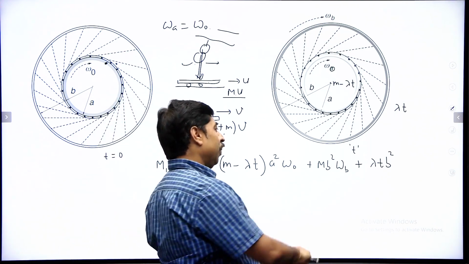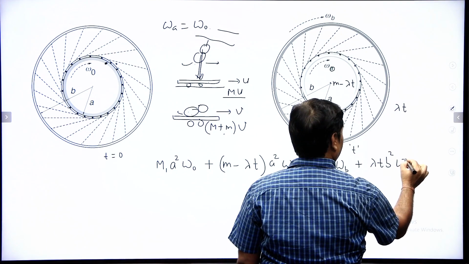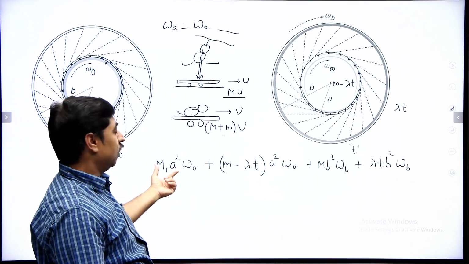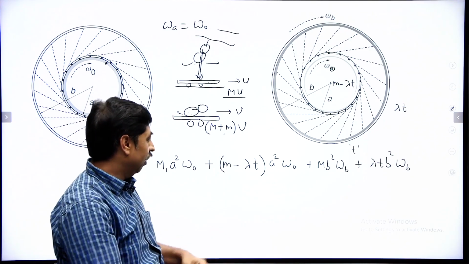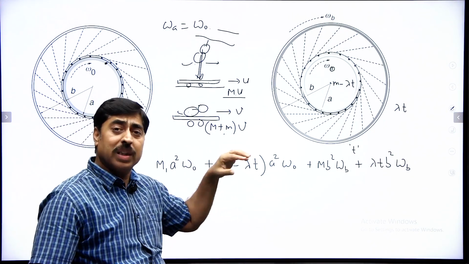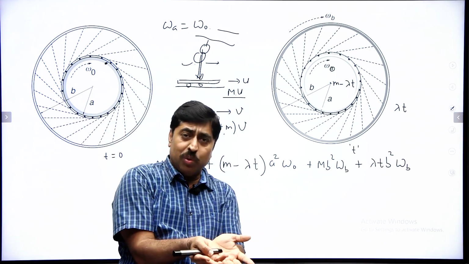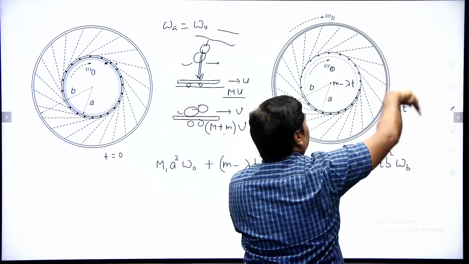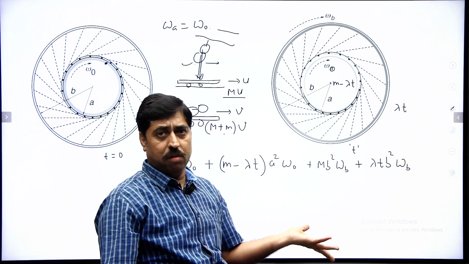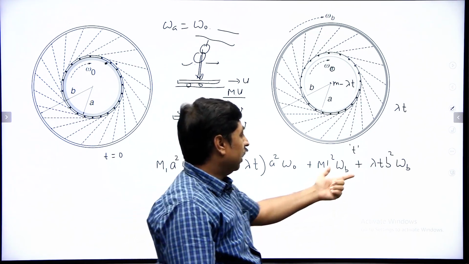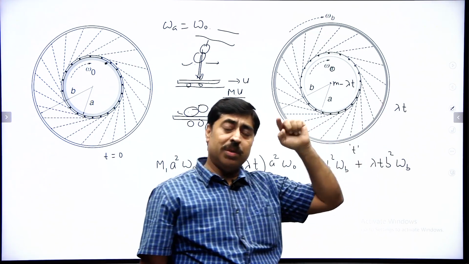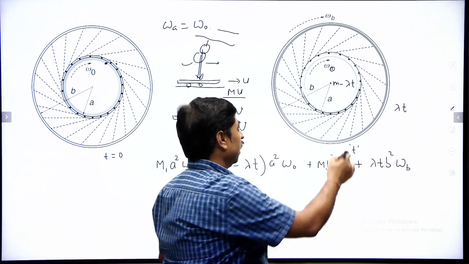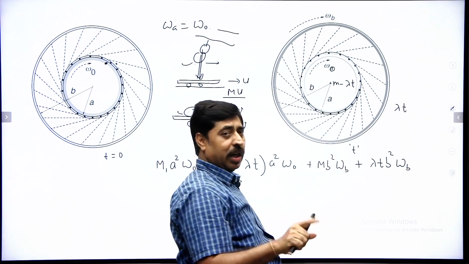So lambda t into b square into omega b. Am I right? So this is the angular momentum for the drum only. This is the angular momentum for the sand particles which are still sticking to the inner wall of this drum. This is the angular momentum of the outer drum, and this is the angular momentum of the sand particles sticking to the outer drum. So this is the whole angular momentum of this system about this axis at time t.